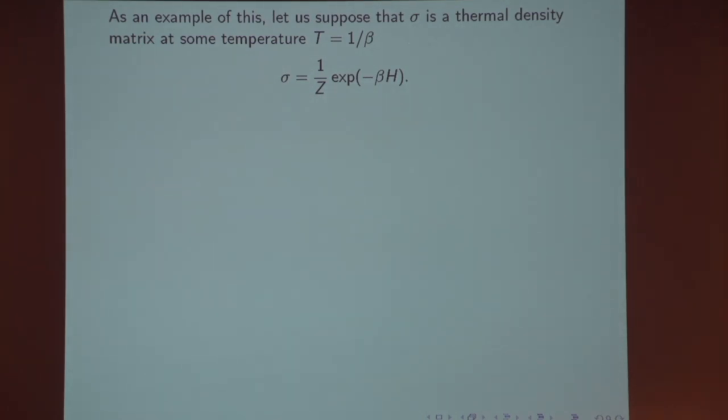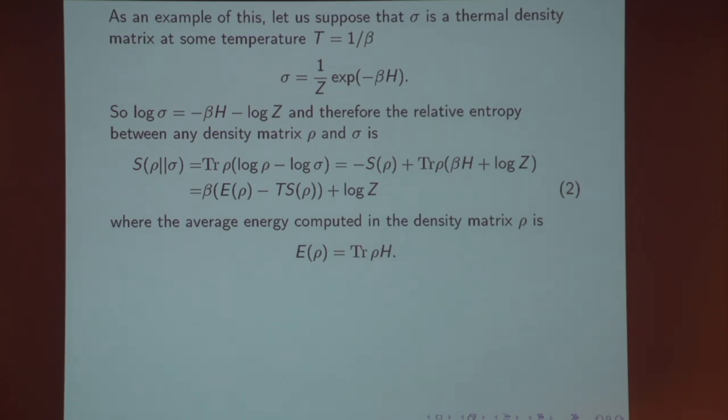So as an example, suppose sigma is a thermal density matrix at some temperature. So z is the partition function, a normalizing factor so that trace sigma equals 1. So log sigma is minus beta h minus log z. And so you can compute that the relative entropy between any density matrix rho and sigma, well, you can compute it and get a nice formula for it.